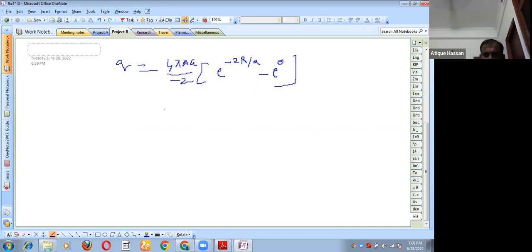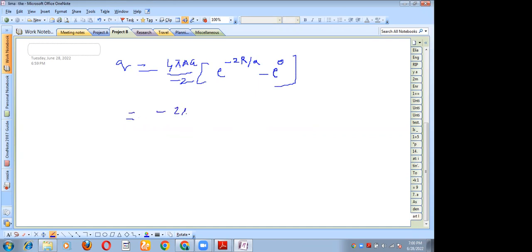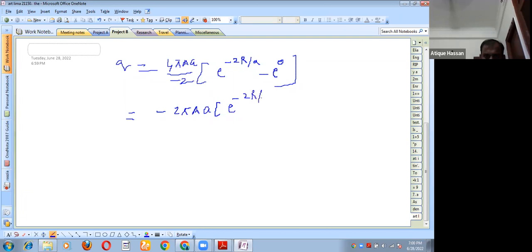What is the value of e to the power 0? 1. Correct. It will be 1. So e to the power minus 2r by a minus 1, times minus 2. So this is the total charge.